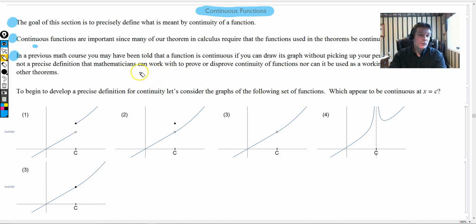So to begin, we're going to consider a set of graphs, and we're going to look at these graphs and determine which ones we think should be continuous and which ones are not continuous, and then from there we're going to build a precise definition.